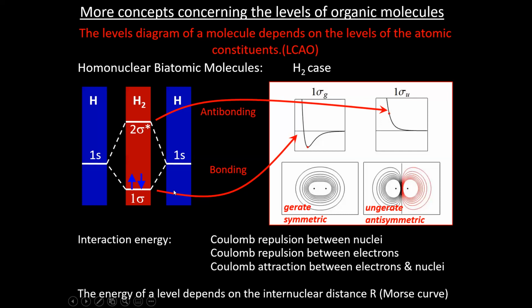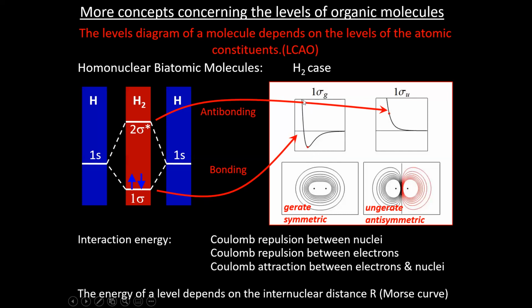Now, if you watch the lower level, the 1 sigma, you discover that the position of this level in energy, with respect to the distance of the two nuclei, has a behavior like this.